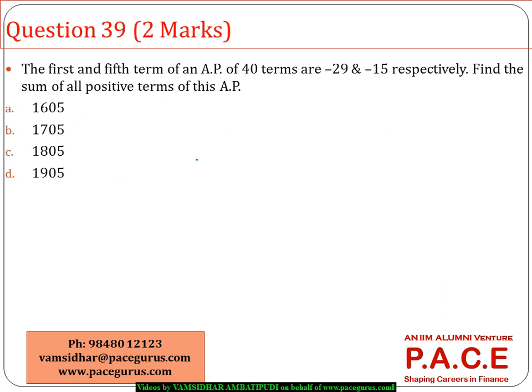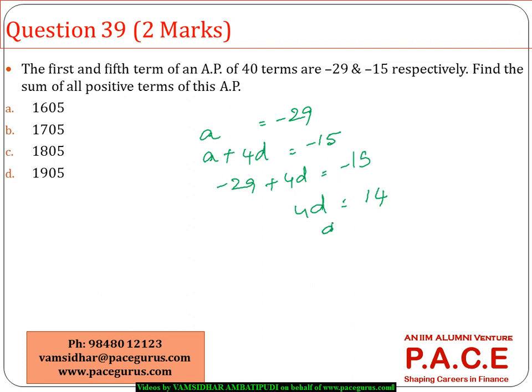The first and the fifth terms of an AP of 40 terms. First term is A. Fifth term is A plus 4D. Right, A equal to minus 29, A plus 4D equal to minus 15, so minus 29 plus 4D equal to minus 15, 4D equal to 29 minus 15 giving you 14, so D is 3.5.